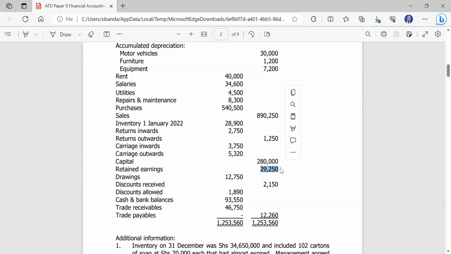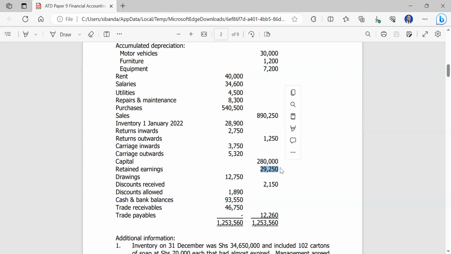No, that's the return outwards. Yes, they reduce our purchases. So my understanding was that these were meant to be debited, but then it's credited. That's what I wanted more information on.